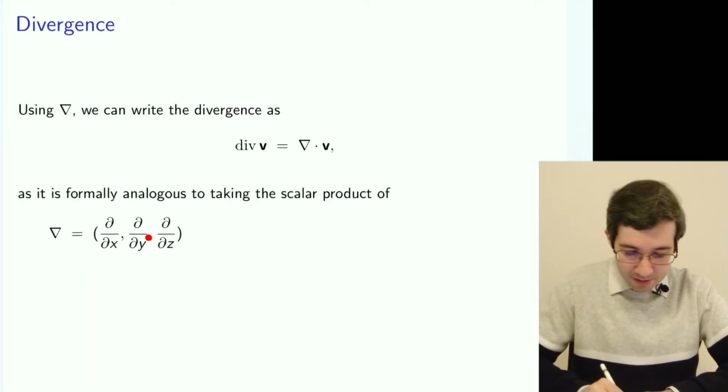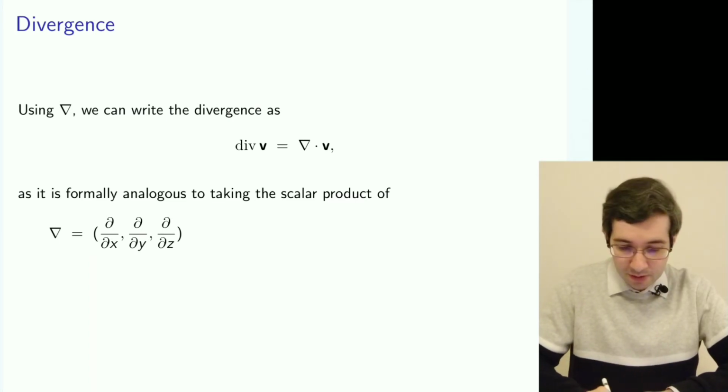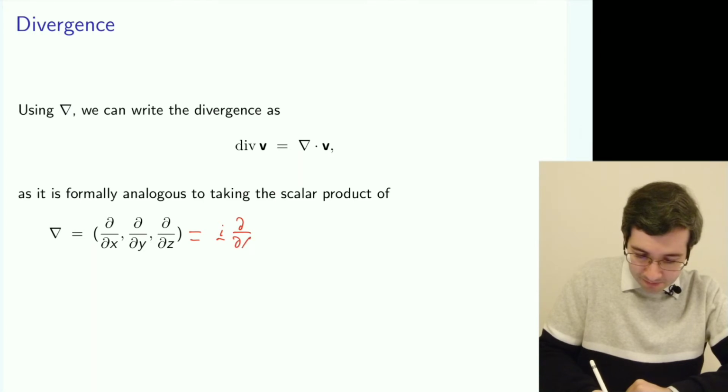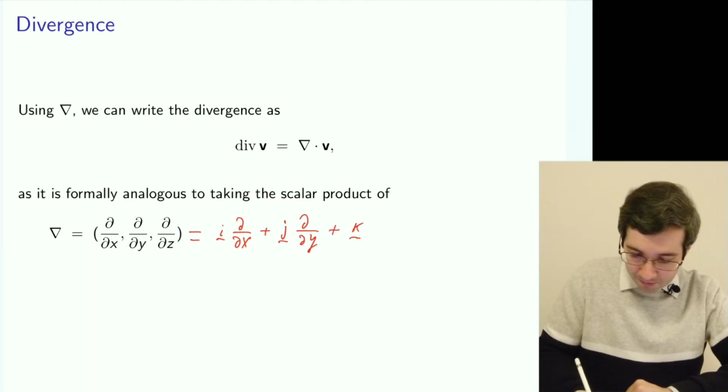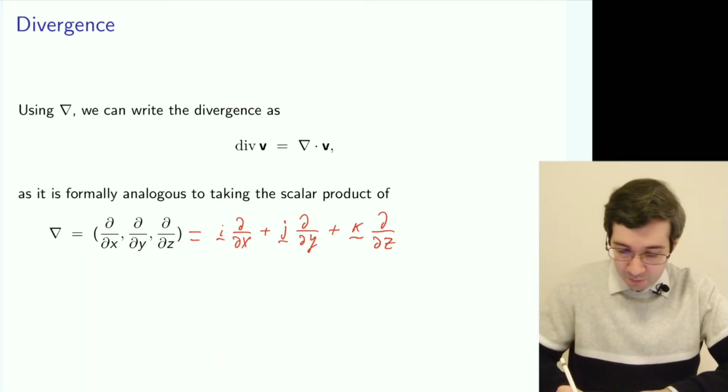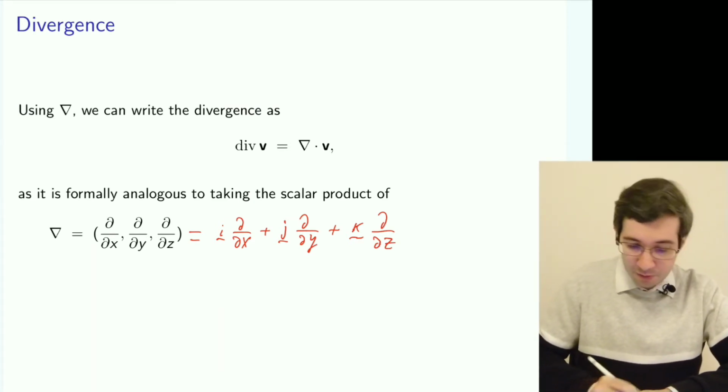So let's take that nabla operator, which we considered in a previous video, and which you can also write in the sum notation like that. And if we take a scalar product of this nabla operator with the vector field, we will get the definition of divergence.